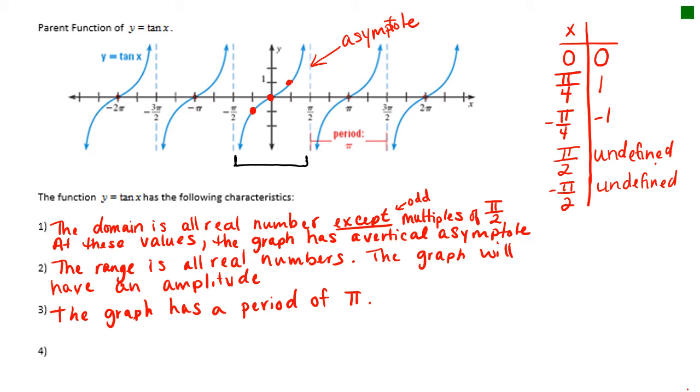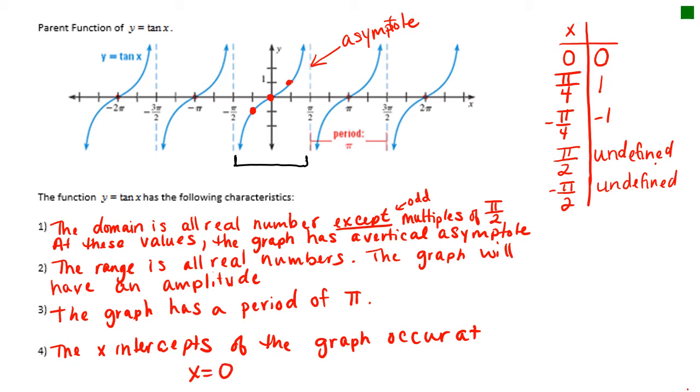And the x-intercepts, where y is 0, occur at x equals 0.